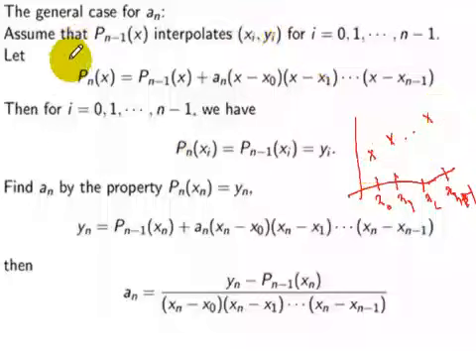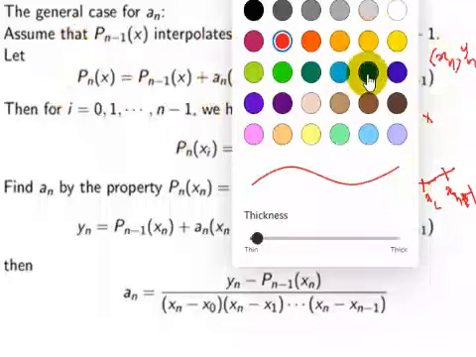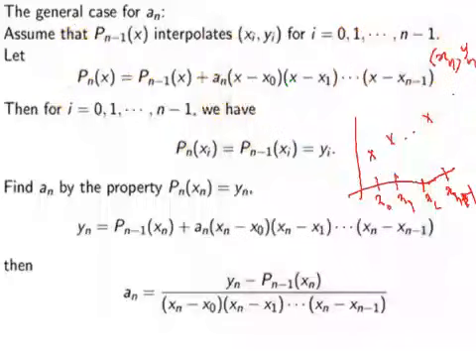So now you add a point. This is the new point xn, yn. I draw that point in a different color. So this is my new point xn comma yn, right? This is when you add it.